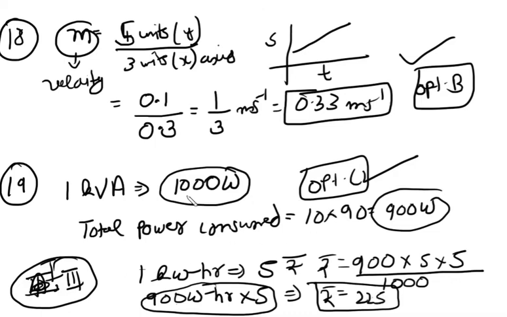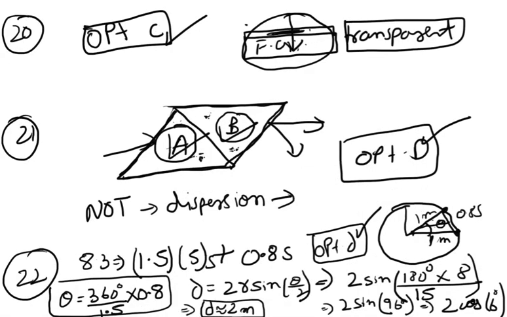So the first option and the third option are correct. So 1 and 3 are correct. So option C is the right choice for the question. The next question is about how a frosted glass is rendered transparent by just adding an adhesive glue, because the refractive index of the adhesive glue and the frosted glass are the same.